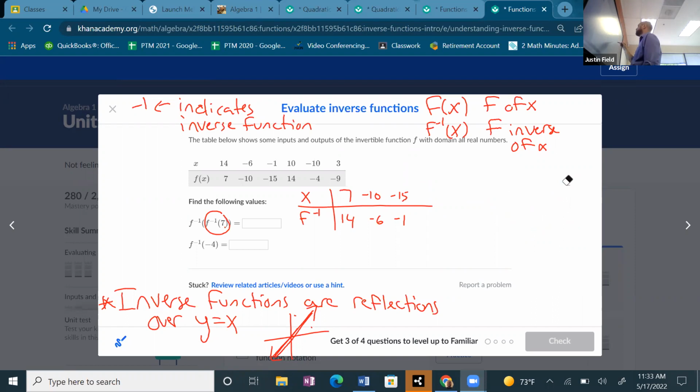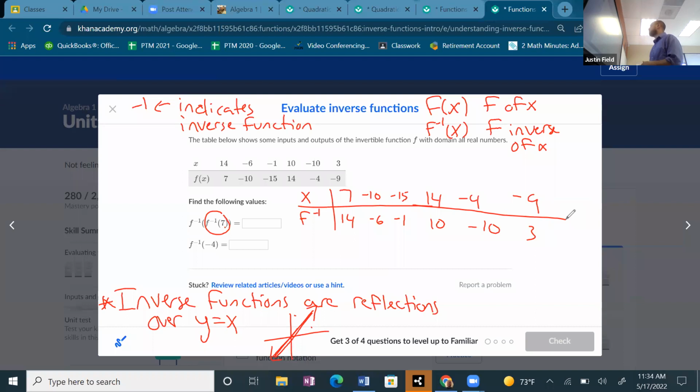All right, where was I? 14 and 10, -4 and -10, -9 and 3. All right, so there we go.